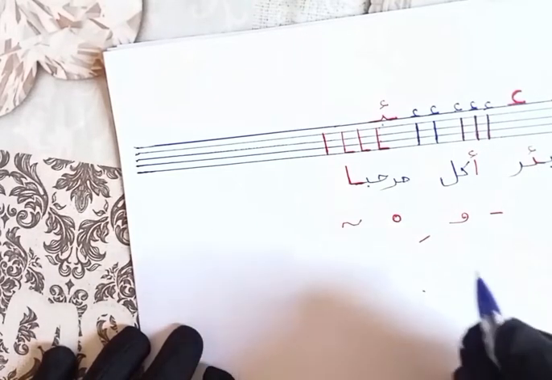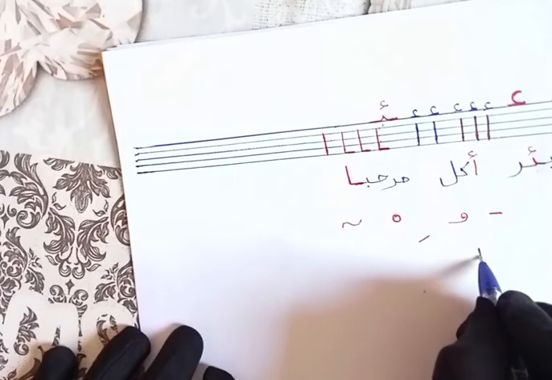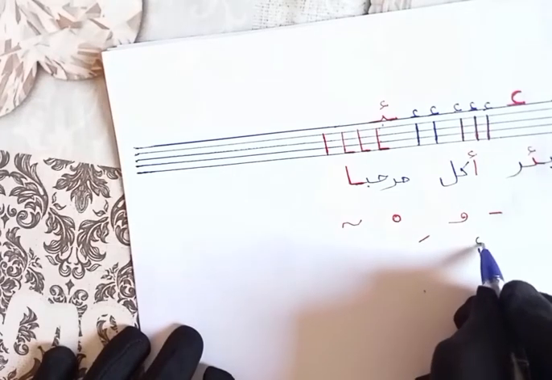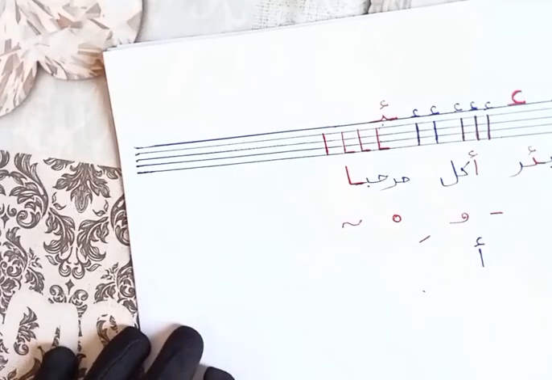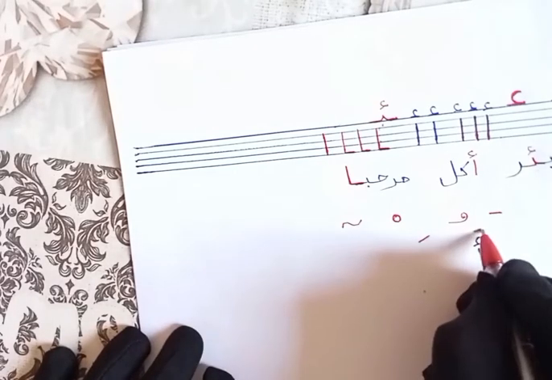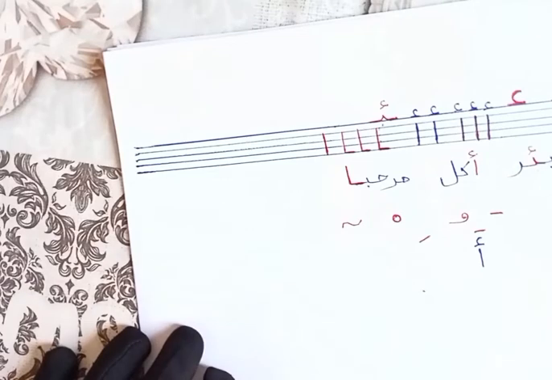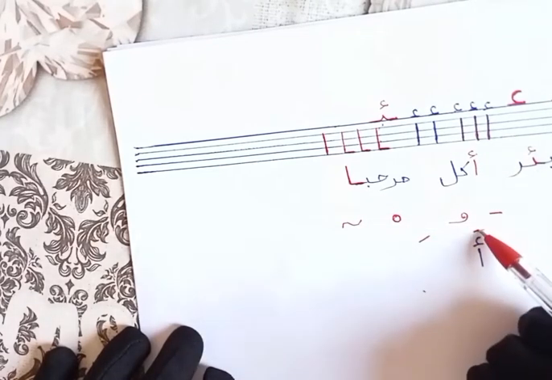So let us take the example of alif. Here it is alif. With al-fatha it becomes a. A. We open the mouth. We open our mouths large, making this shape.